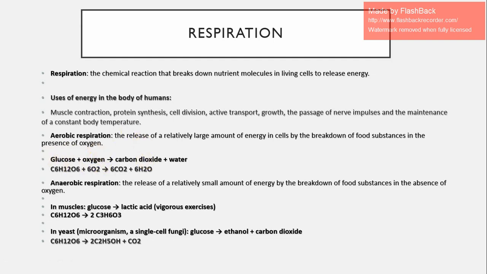Of course, energy is produced as the ATP molecule, adenosine triphosphate. This is the molecule of energy. It is called ATP. Okay, here is the simple equation: C6H12O6 plus 6O2 gives 6CO2 plus 6H2O.